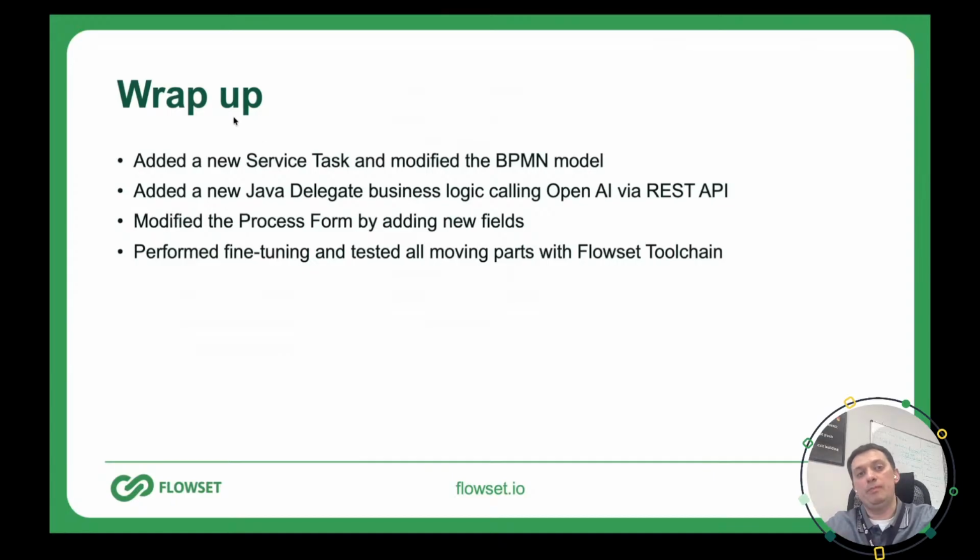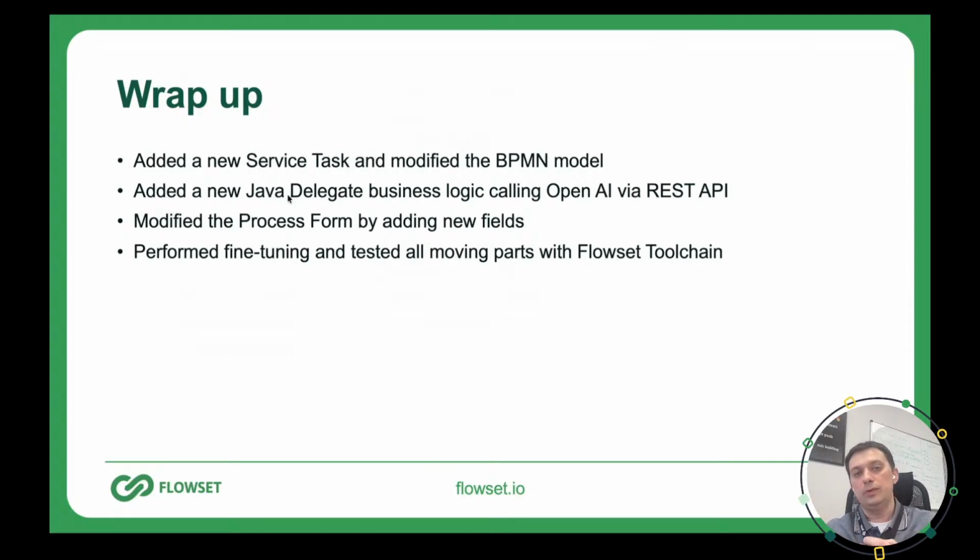First of all, let's wrap up a bit. So what we actually performed today with the Flowset Studio. We added a new service task to the existing business process model and modified it using visual tools. We also used quick navigation between all the parts, between forms and decision-making tables, which allowed us to make modifications without approaching yet another tool.